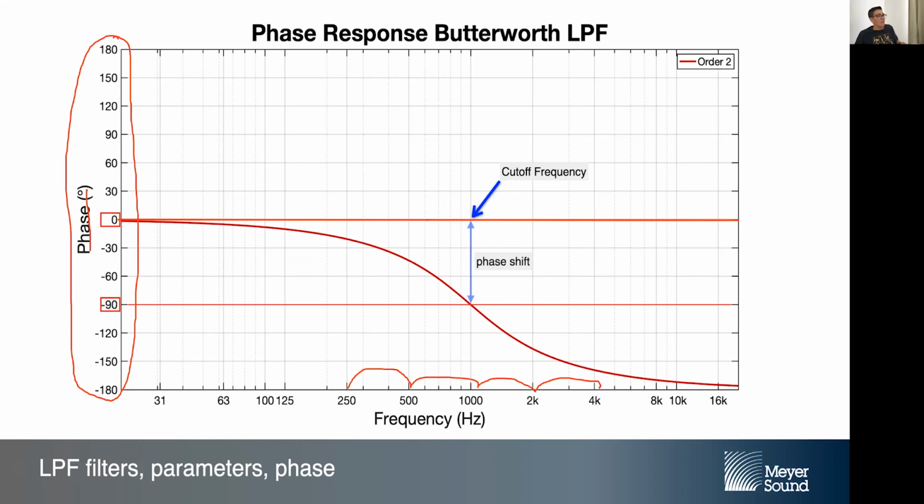Okay, what I also want you to see is that if we divide this trace, we have an upper section and a lower section. Those are very important because we are dealing with a low pass filter.